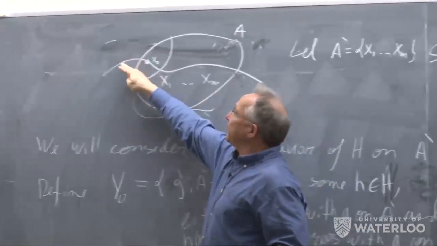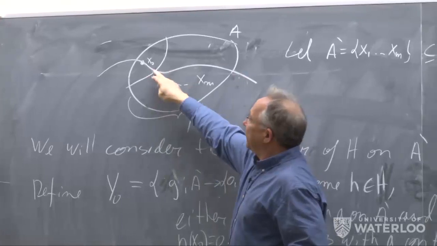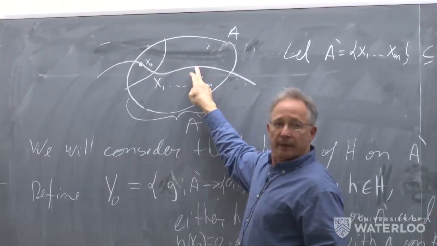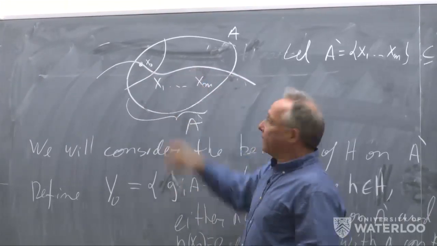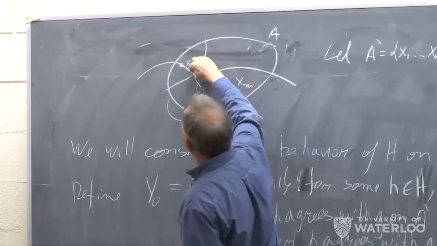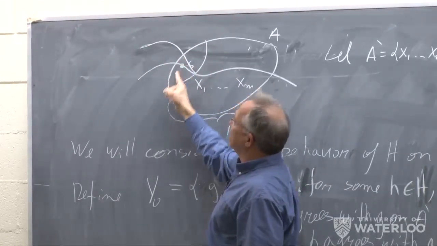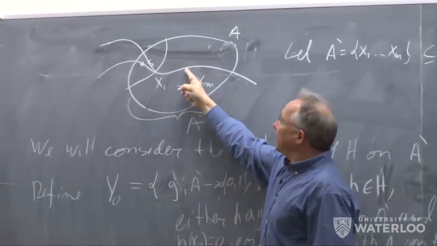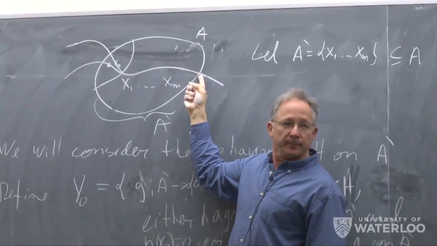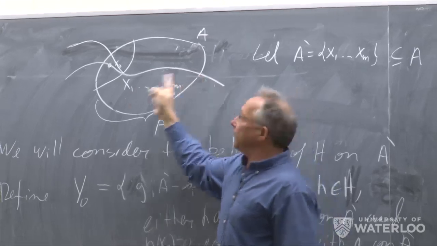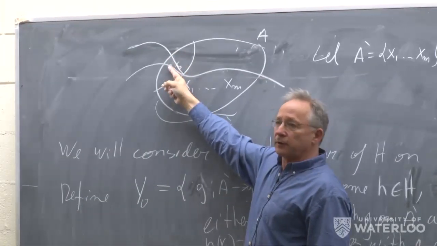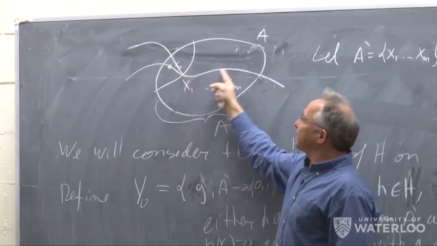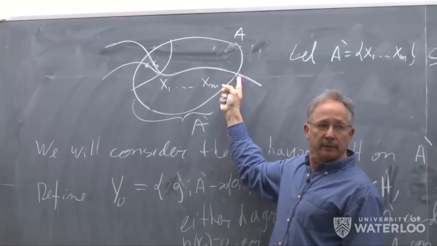So for every function in H, its behavior on A prime will be in Y0. But I could have a situation where I have two functions that disagree only on x0. When I look at them on A prime, they will look the same. In that case, I had two functions in H, but on A prime, I saw only one behavior.